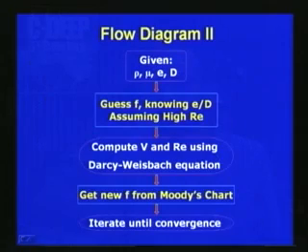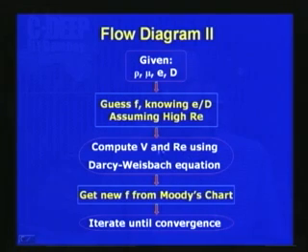It is represented in a flow chart like this. Given rho, mu, e and D, we will assume f, and knowing e by D, we will get the Reynolds number, and we will compute V, the velocity, using the Darcy-Weisbach equation.